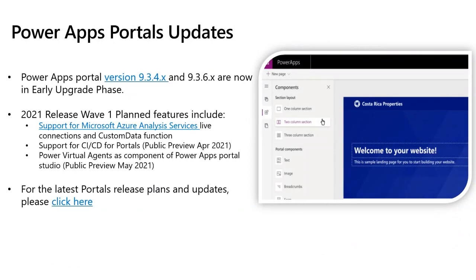On the Power Apps portal side, again, there are updates here. There are two different components. There's the portal website host, which is updated automatically to the latest versions, typically on a monthly basis.